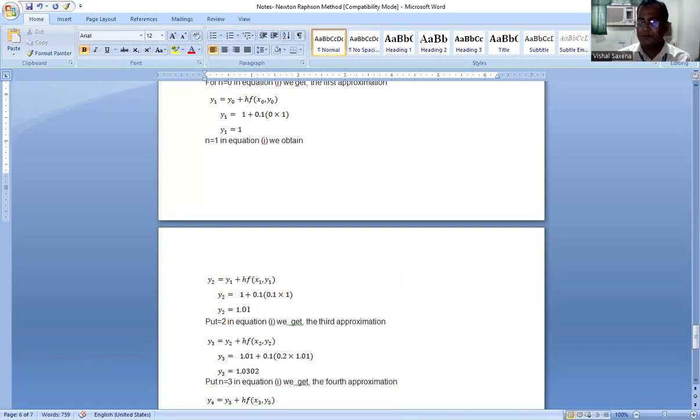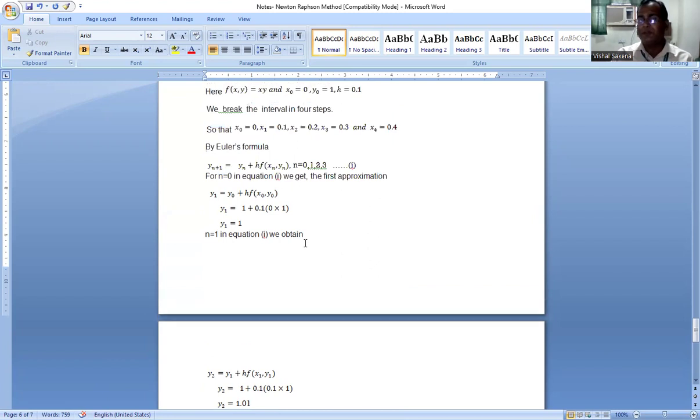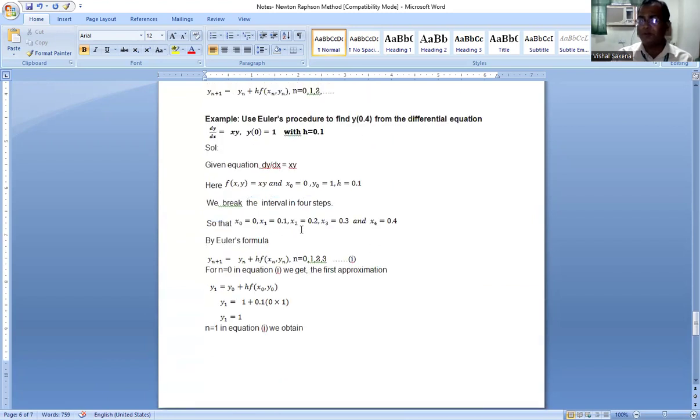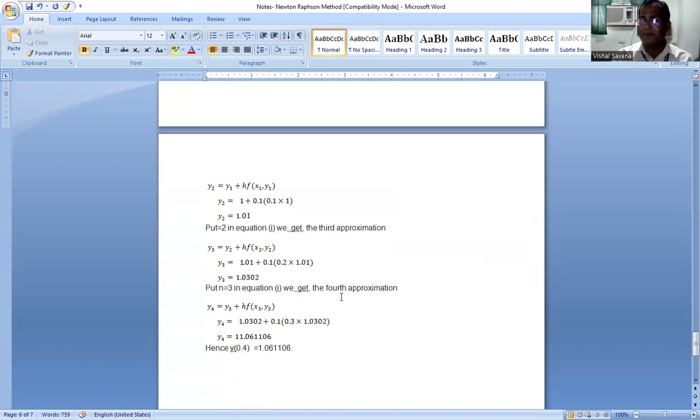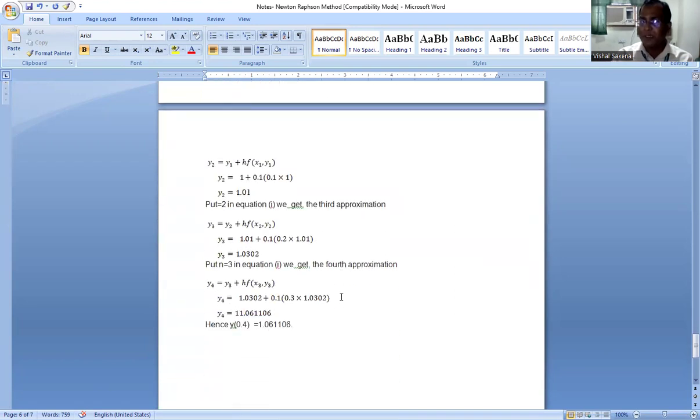So 1.01 is the value of y2, and this value corresponds to x2, which is 0.2. So we have got the value of y2.